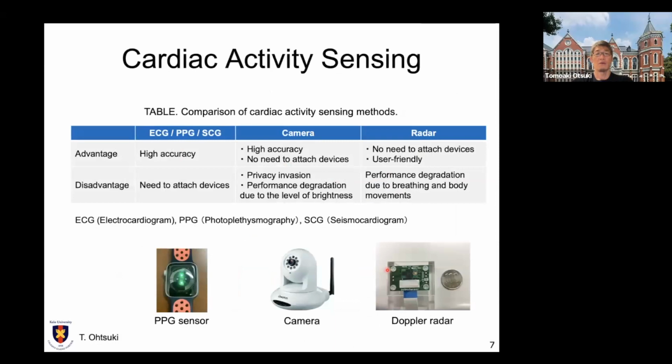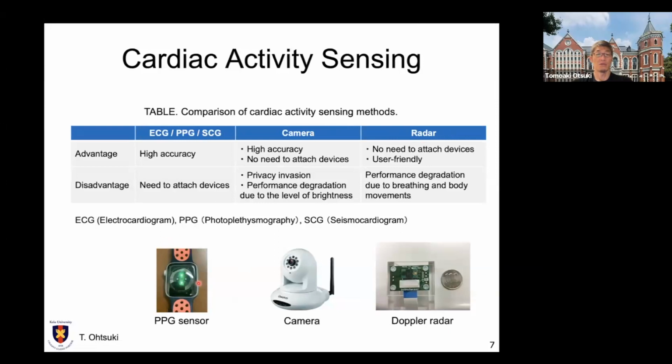Okay, so how do we measure the RRI? There are several techniques like ECG, PPG, SCG, camera, radar, and of course some others. PPG, so this is the Apple Watch.